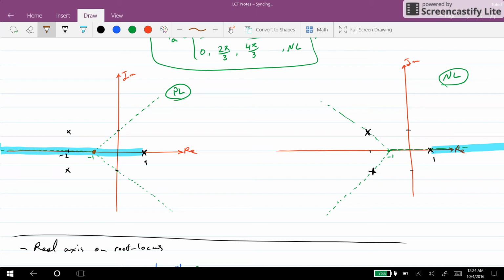Why? Because we will have branches coming from the poles, arriving at this point on the real axis, and afterwards they will depart and move towards infinity using the asymptotes that we have here. And we don't have any break-in or breakaway point for the negative locus.